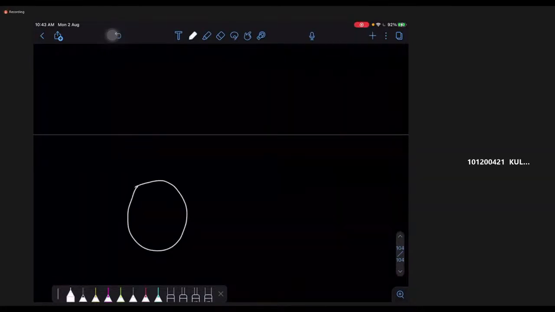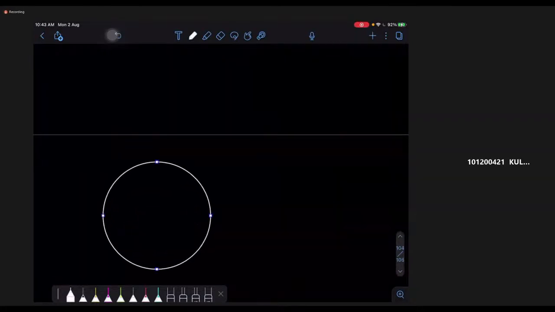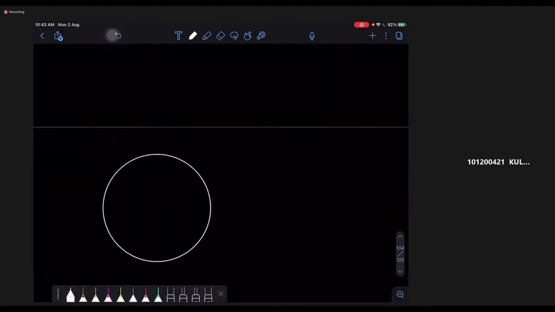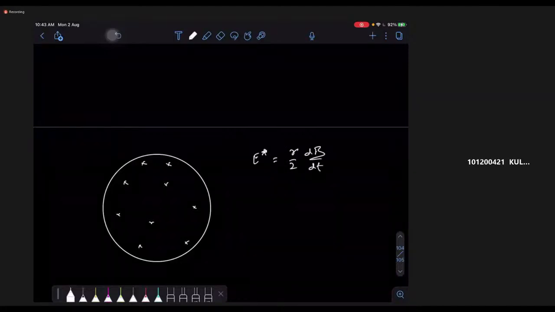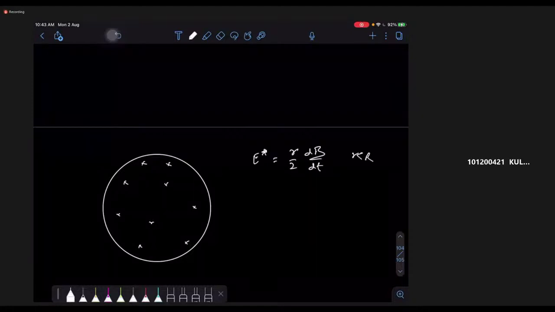What is being asked in the 11th question is, they have given a solenoid, right? When you consider the solenoid, we have discussed that if there is a time varying magnetic field, it will create an electric field, that is my E star electric field. The value of the electric field is R by 2 dB by dt inside, for the R smallest.